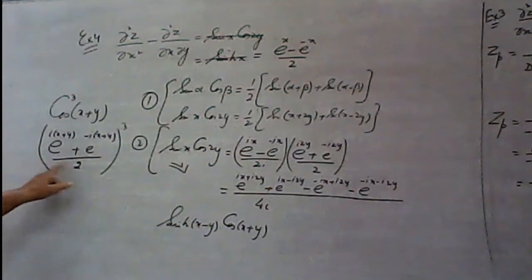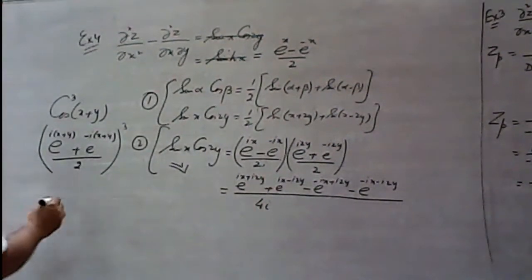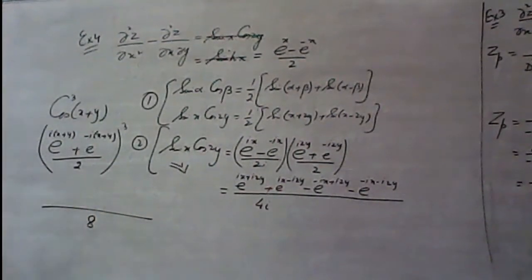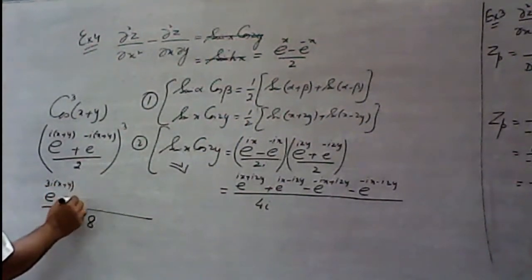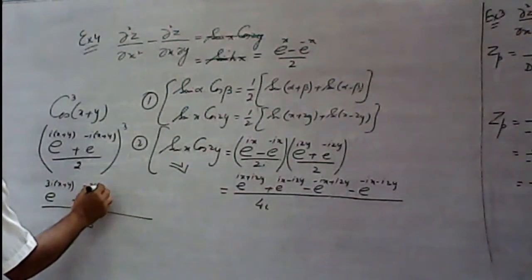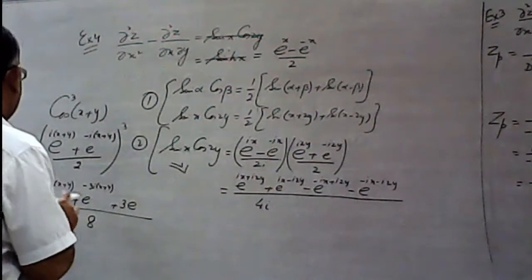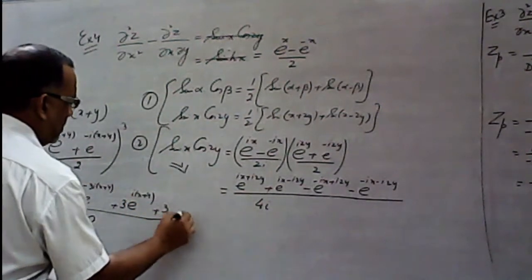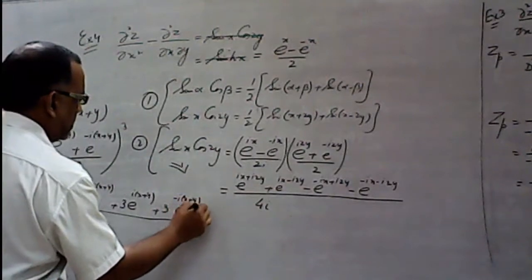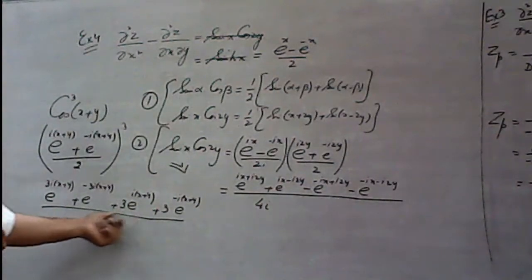If I open this bracket, I have 4 terms of exponential in the numerator and 8 in the denominator: e^(3i(x+y)) plus e^(−3i(x+y)), then plus 3e^(i(x+y)) and plus 3e^(−i(x+y)). Again, method 1 is applicable 4 times.